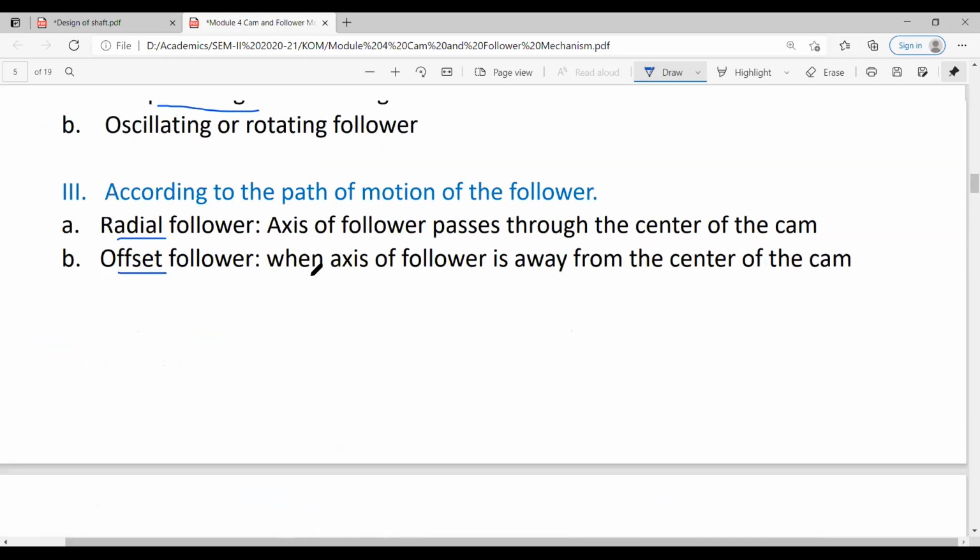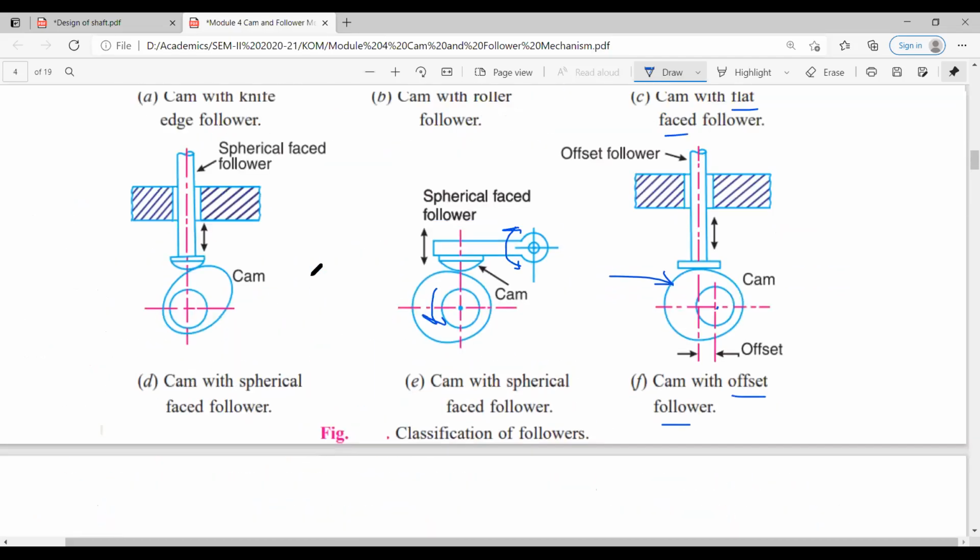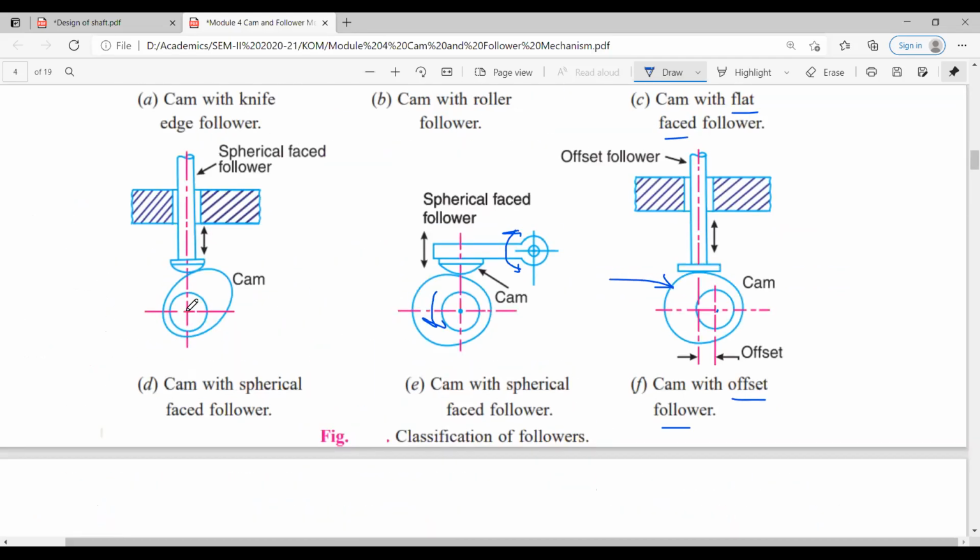If you see here, the cam axis is here. So your view of the cam axis will be a point view, and this follower is reciprocating perpendicular to the cam axis.